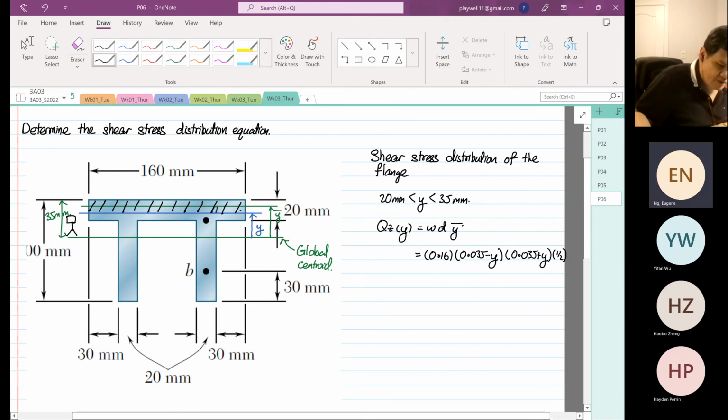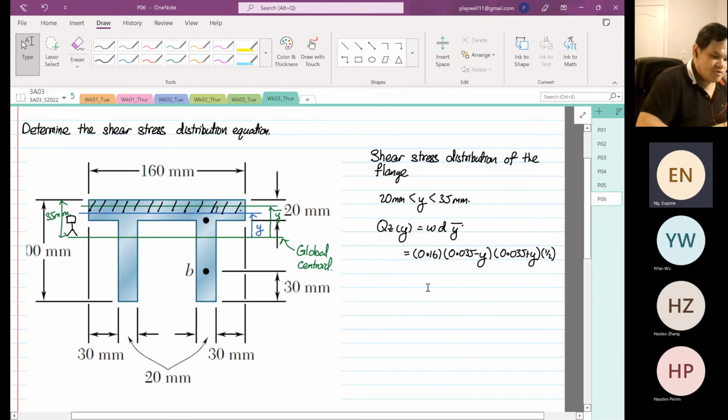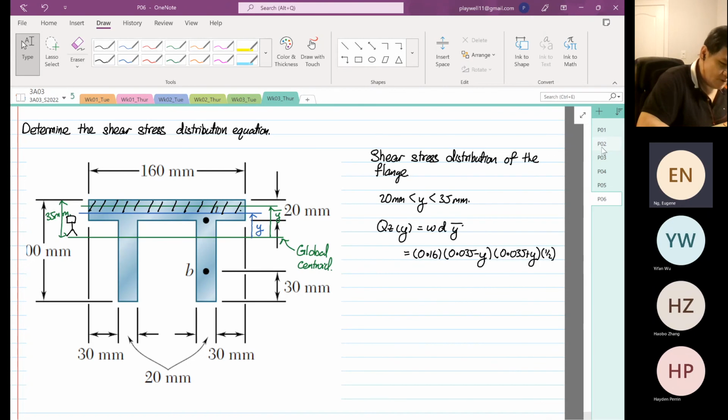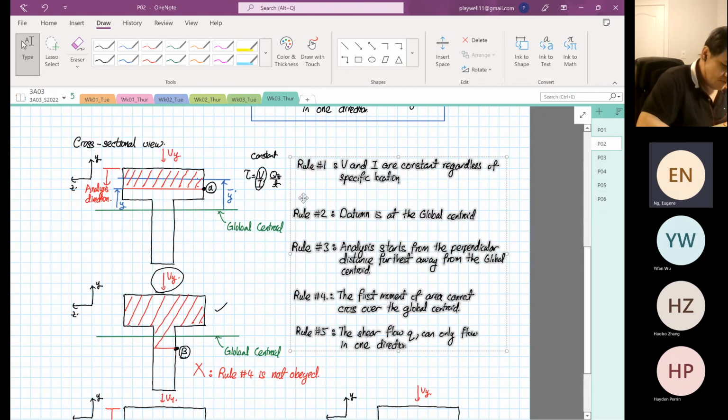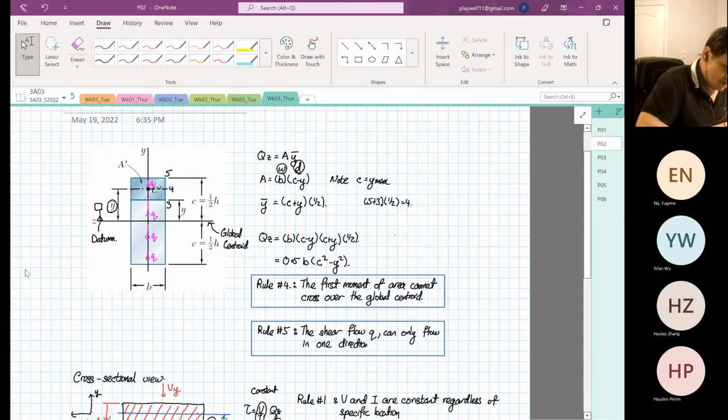Some of you may ask, how come you can write that expression so quickly? You have seen this expression before, because it is what we derived earlier. If we come over here, we found our area.